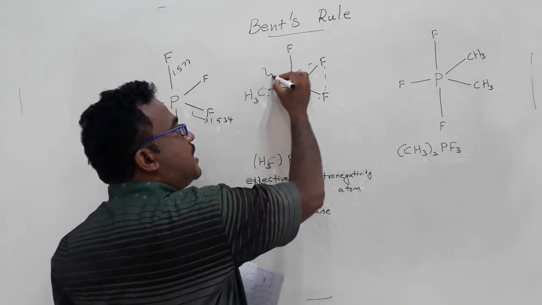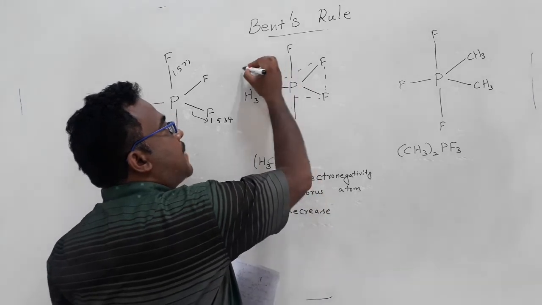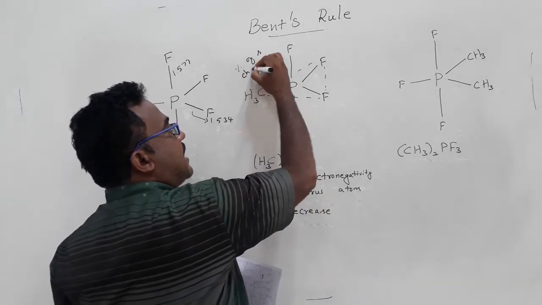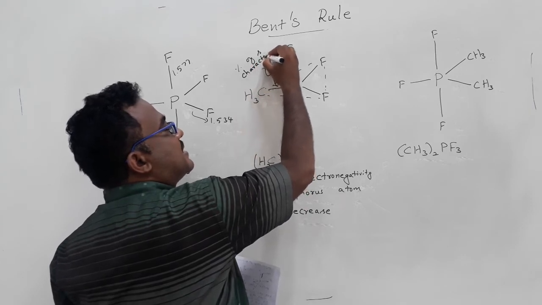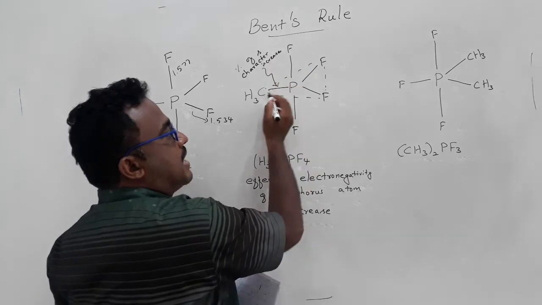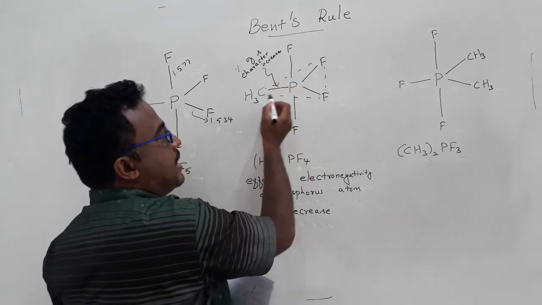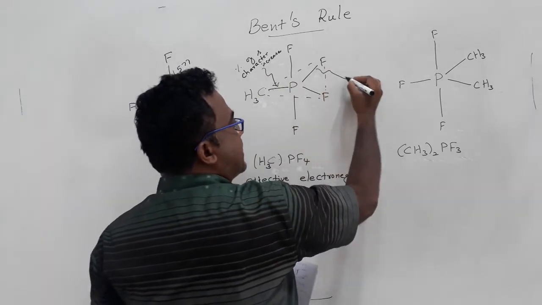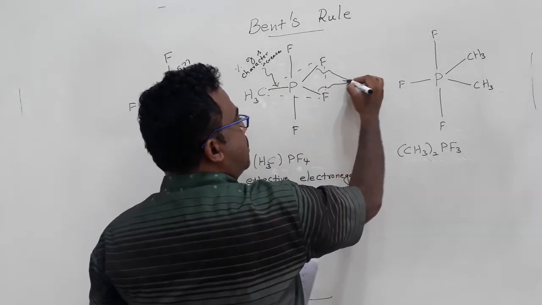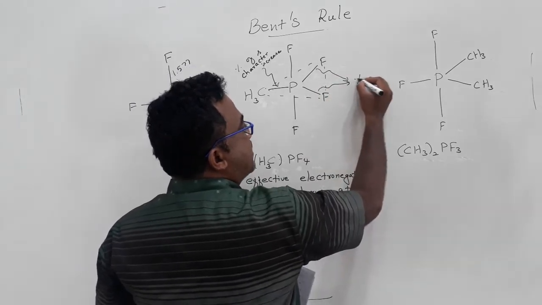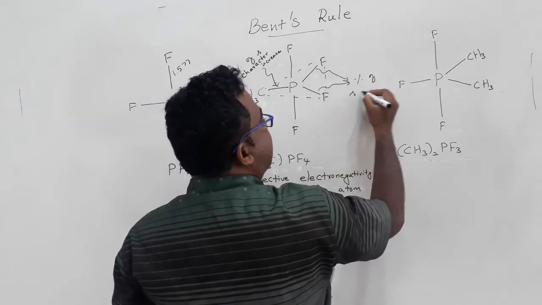So the percentage of s character should increase in the orbital directed towards the methyl group, and in the remaining two cases, the two fluorine atoms in the equatorial side, their percentage of s character decreases.